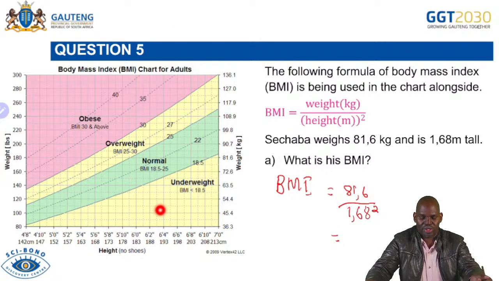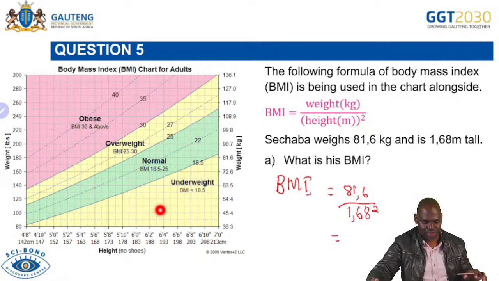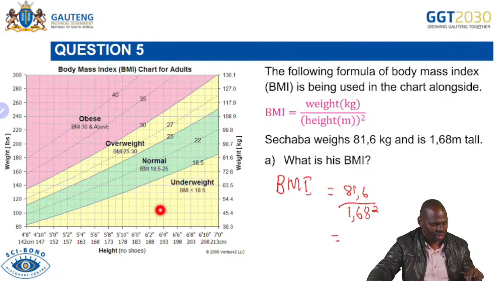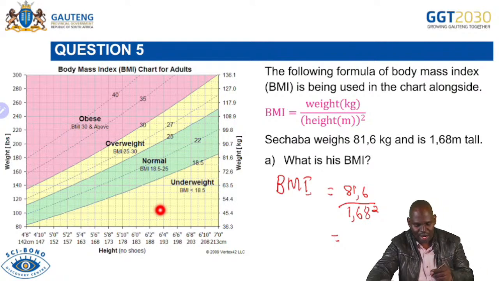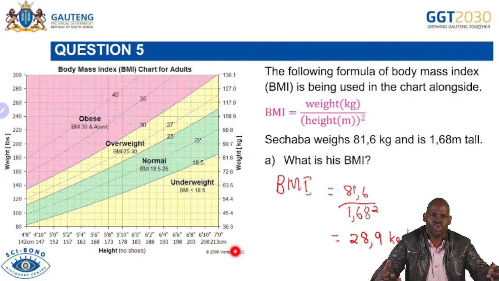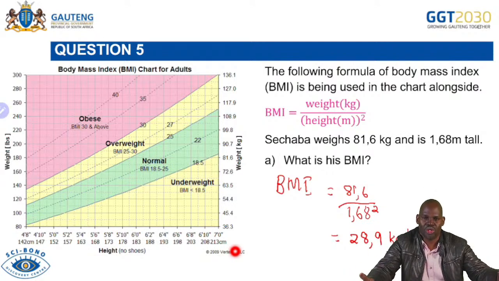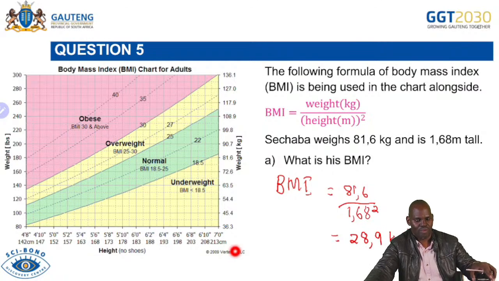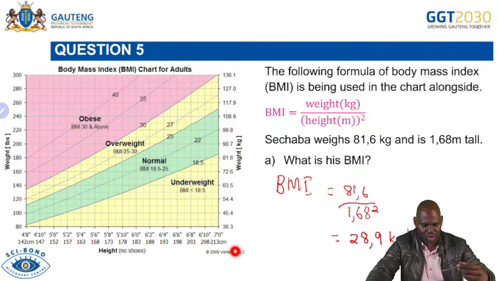Then you just use your calculator. 81.6 divided by 1.68 squared. Then the answer is 28.9 kilogram per square meter. I hope you are also using your calculator just to ensure that you're getting the same answer. So easy as that. We have done a couple of these already. Okay, that is question 5A.